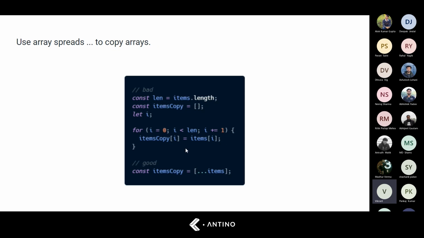Instead of that, you can simply make a deep copy of the items and store it in items copy, rather than iterating n number of times. So it is just better to use spread syntax and make a copy of it. Okay, we will move to the next slide.